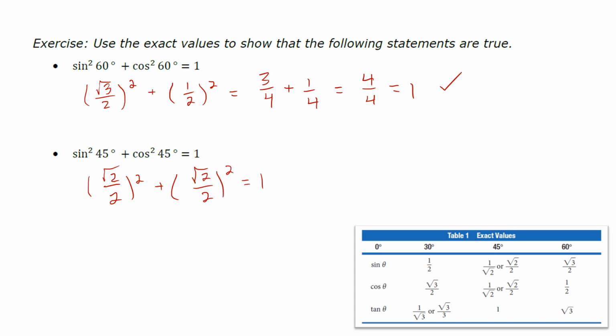Let's simplify them first. We would get 2 over 4 plus 2 over 4, which equals 4 over 4, which equals 1. And that is correct.